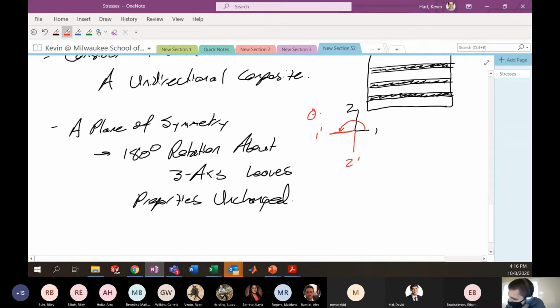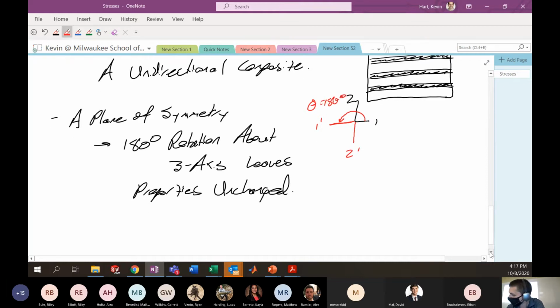This is my rotation angle theta, it's 180 degrees. So rotate from 1, 2, 3 to 1', 2', 3', even though we know 3 and 3' are the same.